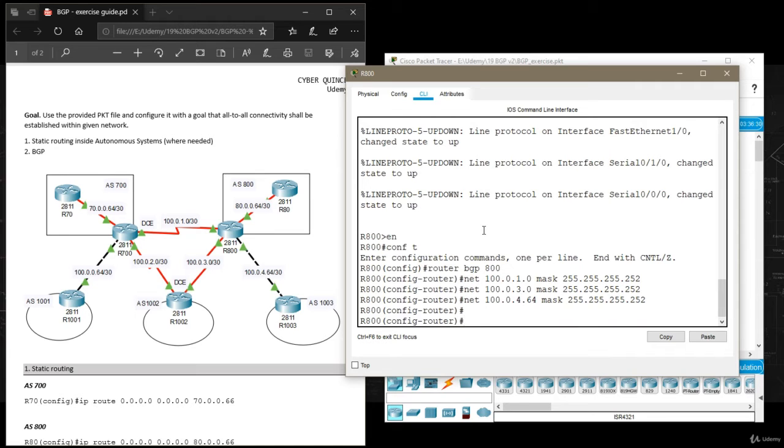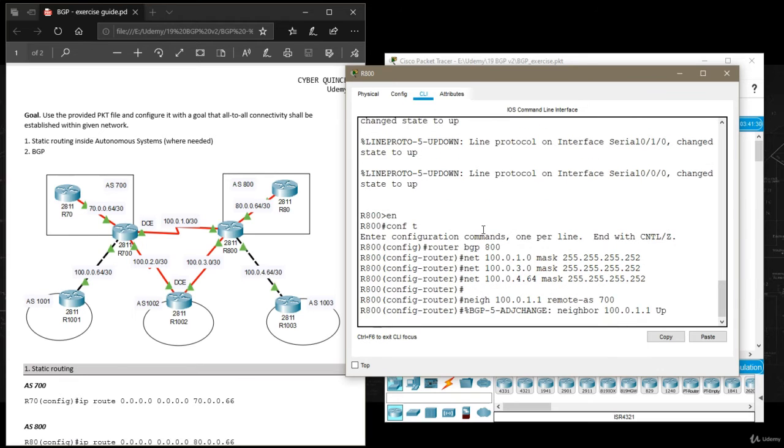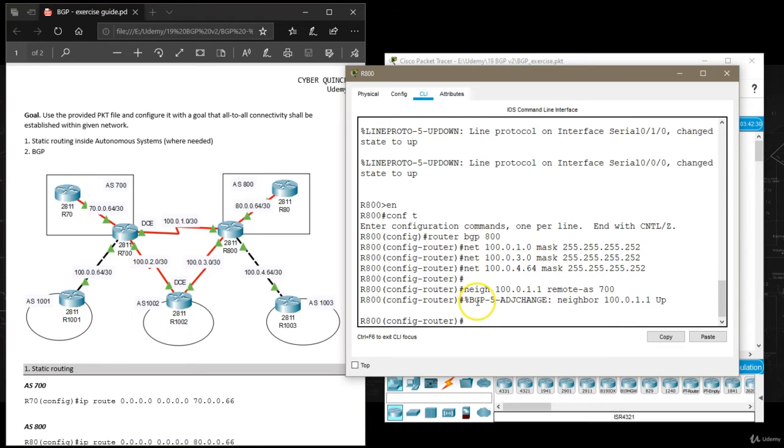Next, let's configure the neighbors. So neighbor 100.0.1.1 this time, remote autonomous system 700. We get this informational message right away that pretty much says neighborship has been established.